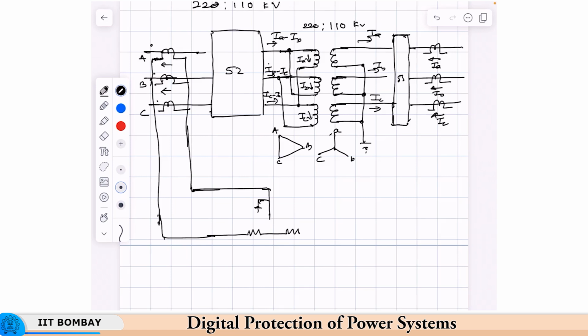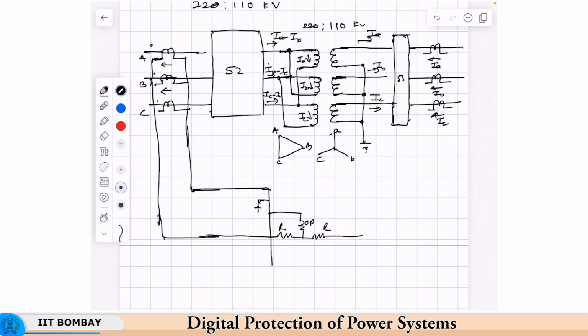I think I will just take this down and redraw it, to make it a little more convenient. Okay, so these are the two restraint windings, and this is the operating winding for the A phase.